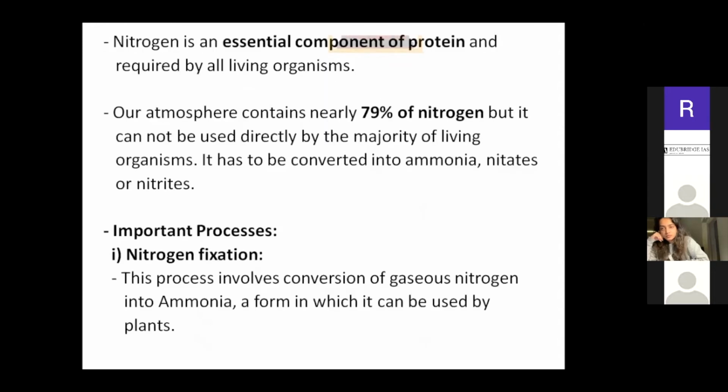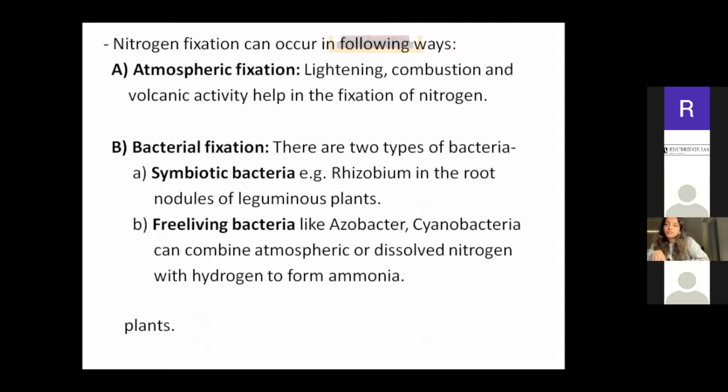So the first process of nitrogen fixation, as you can see here, is atmospheric fixation through lightning, combustion, or even volcanic activities. Yes, we know that through volcanic activities, sulfur dioxide and nitrogen dioxide are released. So the first process for nitrogen fixation is atmospheric fixation, and that occurs through lightning, combustion, and volcanic activities.